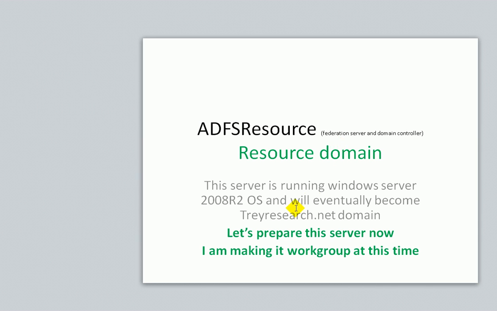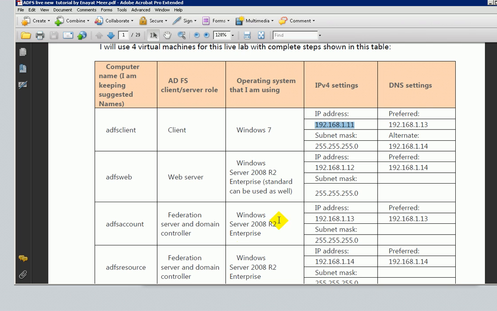Let's prepare this server now, and I'm making it a work group at this time. Again, I will use my Hyper-V and create this server with a work group. I am not making a domain at this time, so let me look at the guide here.